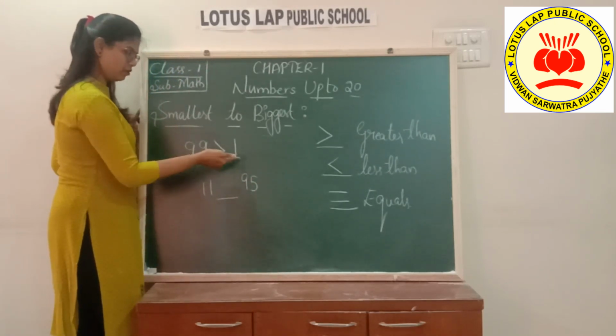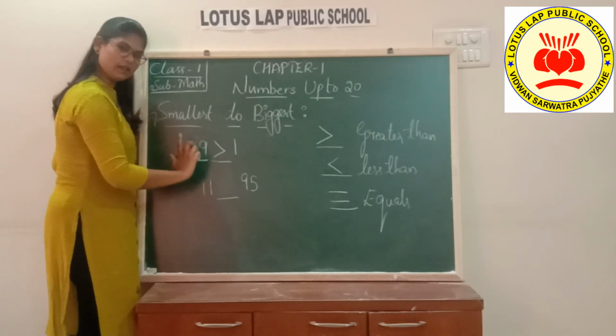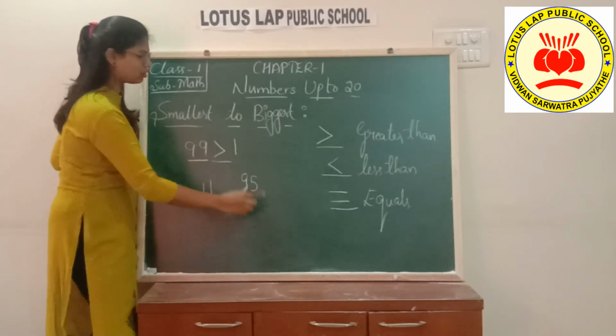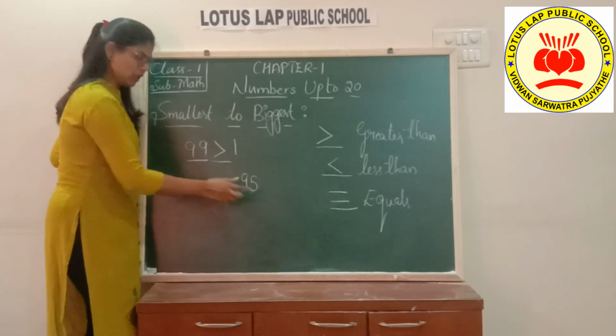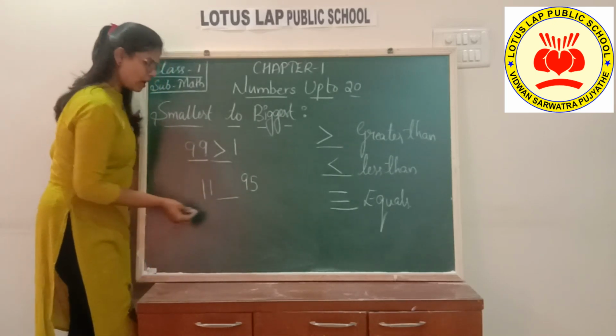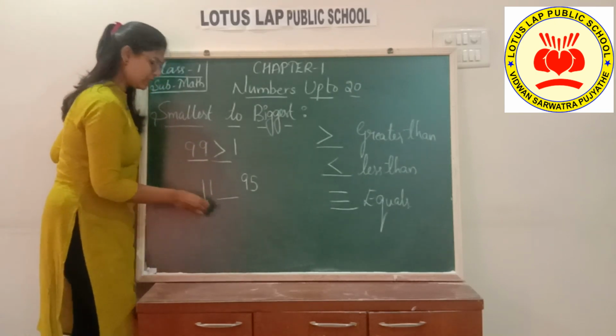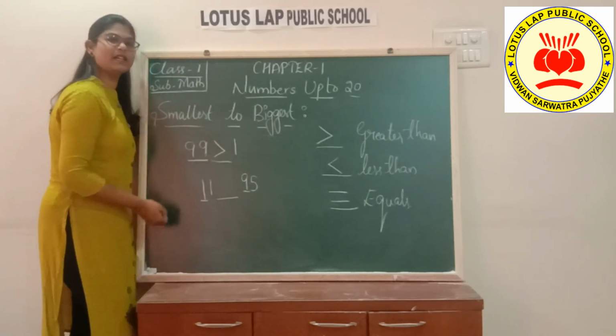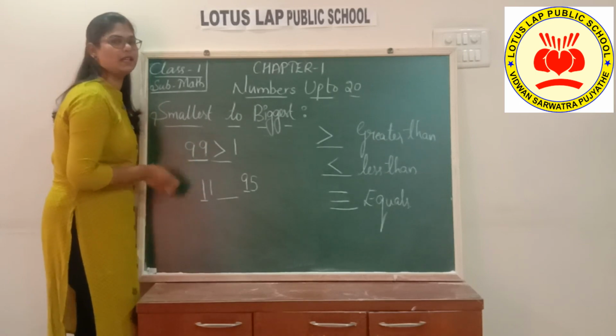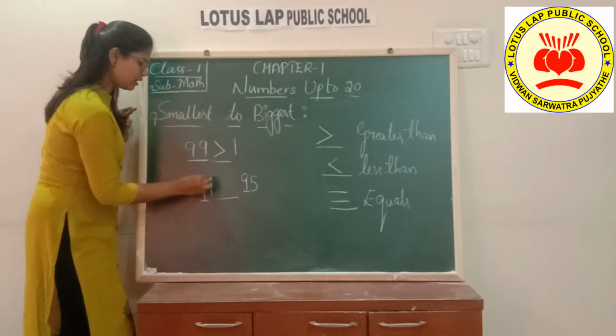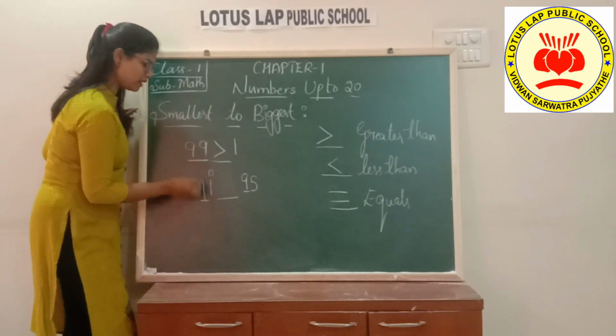Okay? Now here I am taking 11 as well as 95. Here we have 2 digits and 1 digit, so we have recognized easily. Here we have both 2 digits. Now how we have to recognize this one? We have to check the digits with the highest place value. Okay. Now here 1 is in 1's place, 1 is in 10's place.